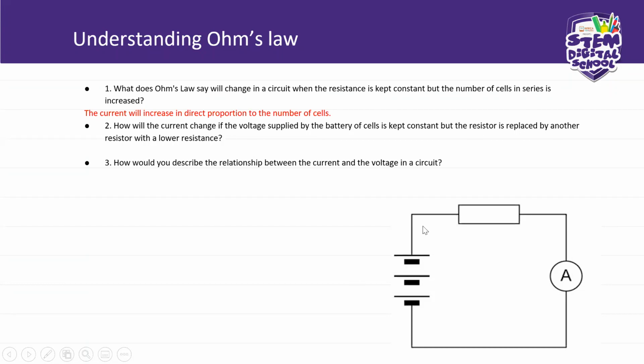If in a circuit there is a resistor, there's an ammeter, this is the power source, the current will increase. Okay? The current will increase. Listen, remember, the resistor restricts the flow of current. That is the function of the resistor.